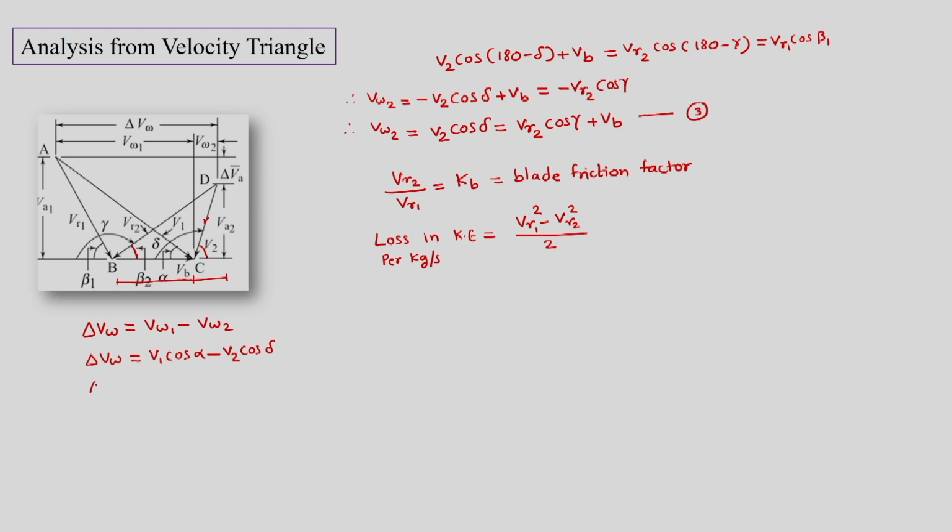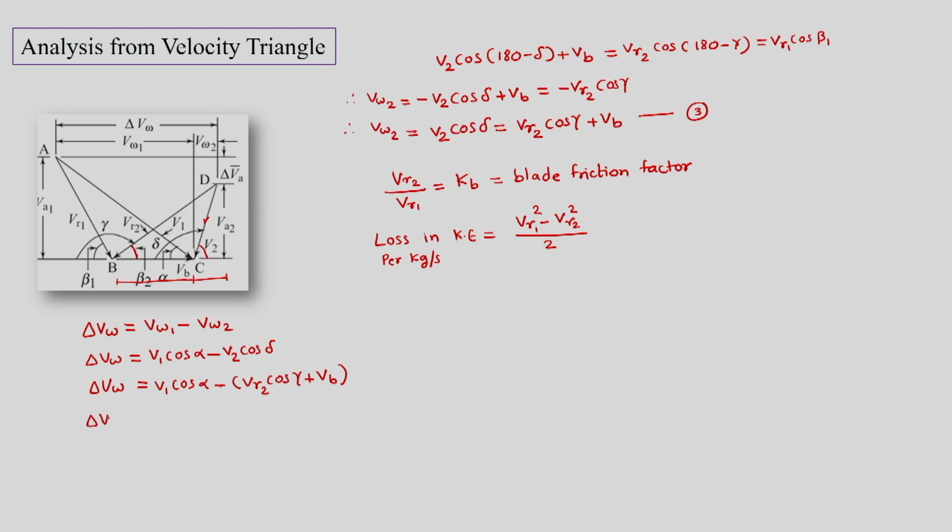So delta VW will be V1 cos of alpha minus, and we know now from equation 3, V2 cos delta is equal to VR2 cos of gamma plus Vb.